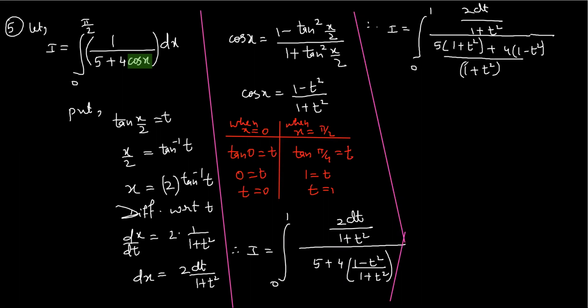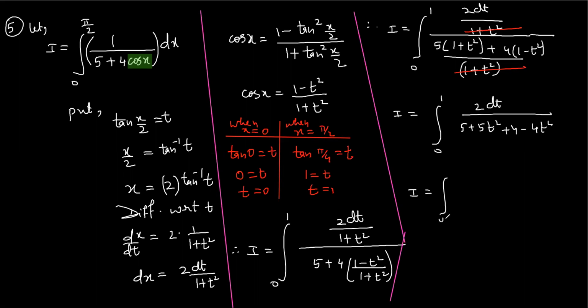What happens next is this 1 plus t square gets cancelled. Therefore I equals the integral from 0 to 1 of 2 dt upon 5 plus 5t square plus 4 minus 4t square.